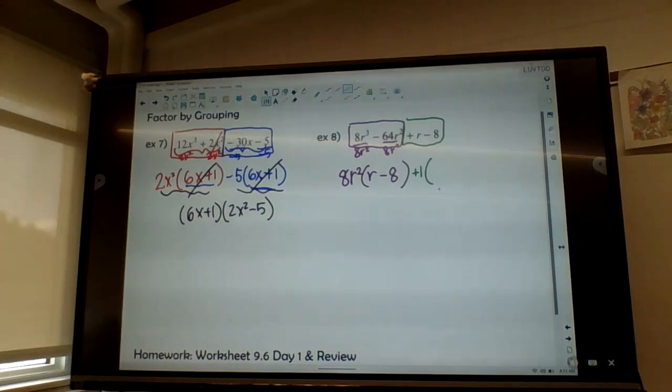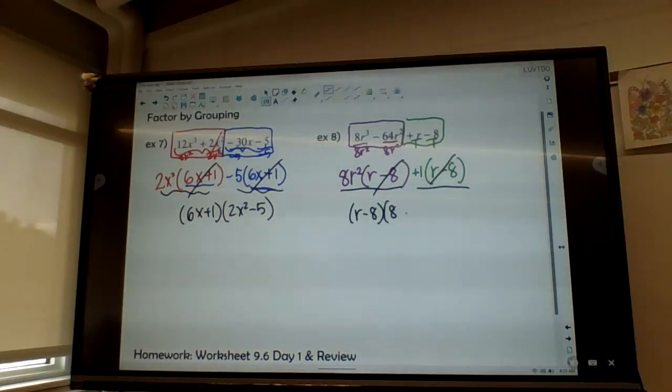It's just a placeholder so that I know that's what we took out. Technically, we didn't really take out anything. So this is r minus 8. Then when I look at these two parts, this r minus 8 is common, and I'm going to be left with 8r squared plus 1. So that's our two parts there.